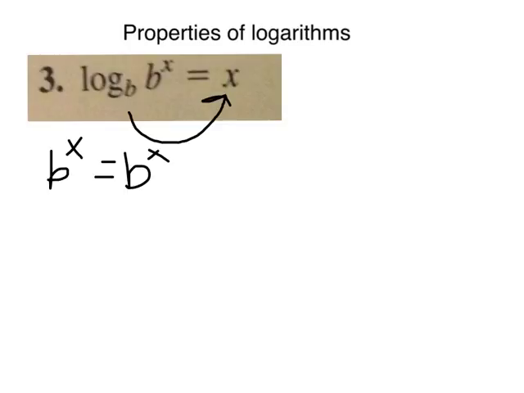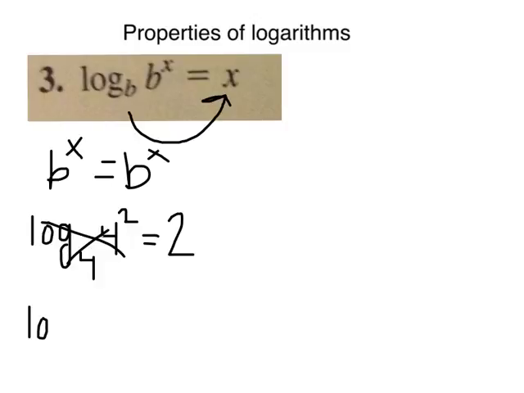Some examples here. If I have log base 4 of 4 squared, that would equal 2. And I like to think of this as log base 4 canceling out, because we have a logarithm canceling out an exponent, which leaves you with the power. The next one, let's look here.